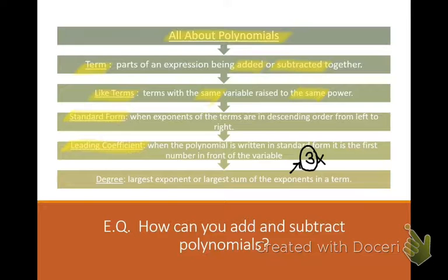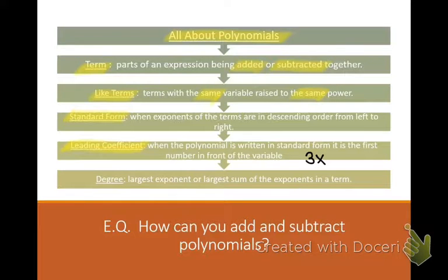So it's in a term with a variable, but it's only the number part. Okay? So the leading coefficient is when the polynomial is in standard form, it's the very first number, okay? And a coefficient in general is the number in front of the variable. It's not the variable, it's the number in front of the variable, all right?